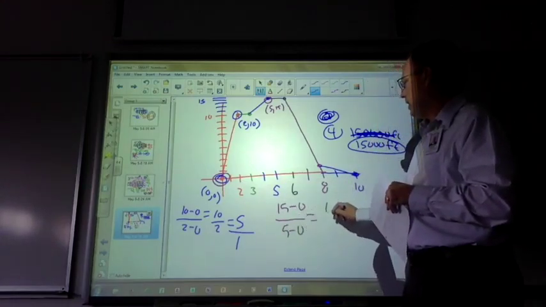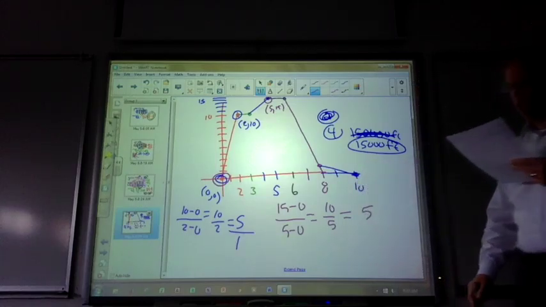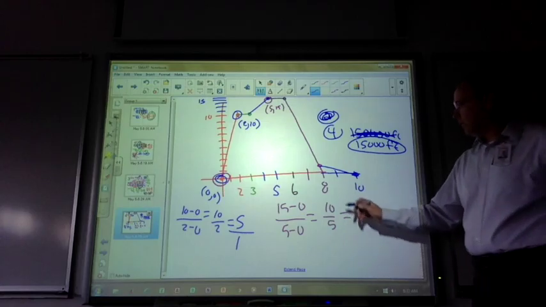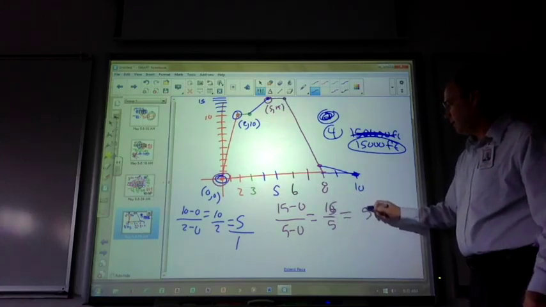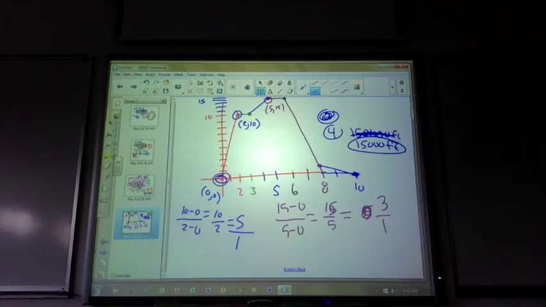So that's going to be 10 over 5. Why is it 10? Oh, 15 minus 0, because that's 15. Sorry. That's 3. Man, I tell you, arithmetic's not my friend.